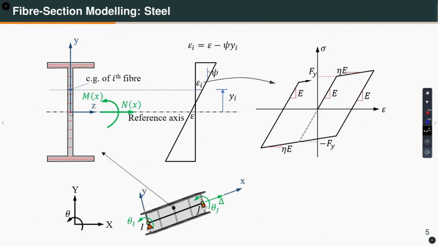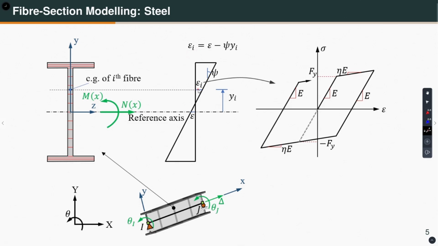Let us say at the centroidal axis the strain is epsilon. At any distance y, this is the CG of the ith fiber, denoted by yi from the reference axis, the strain is epsilon i, which I can compute as epsilon minus psi, where psi is the curvature, times this distance yi, taking tensile strains as positive. So, this is epsilon i.